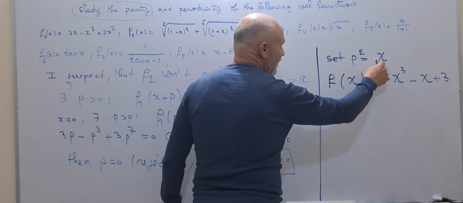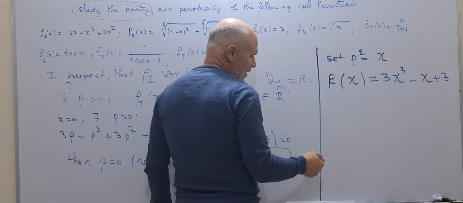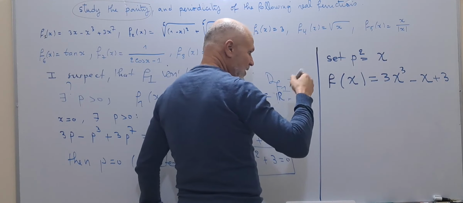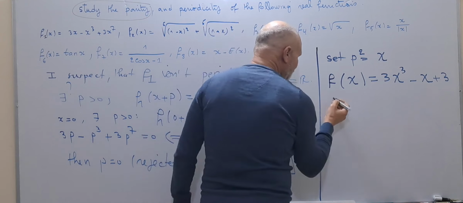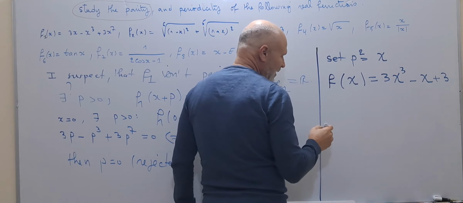Since we put chi equal to P squared, this means chi is positive. So we study this function from 0 to plus infinity.